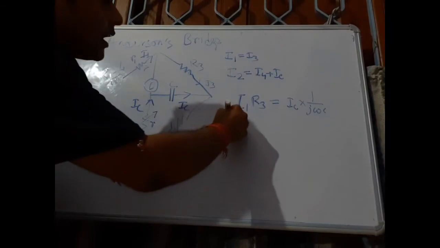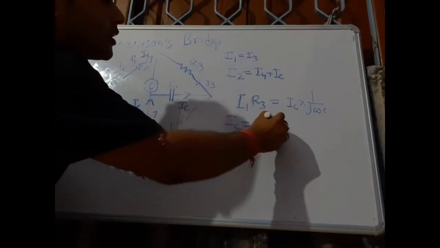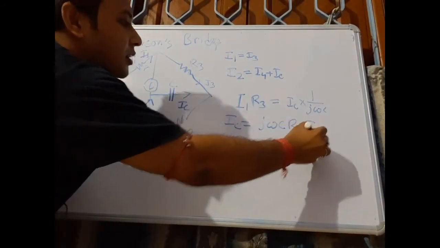Now what will be IC? IC is j omega C R3 into I1, right?